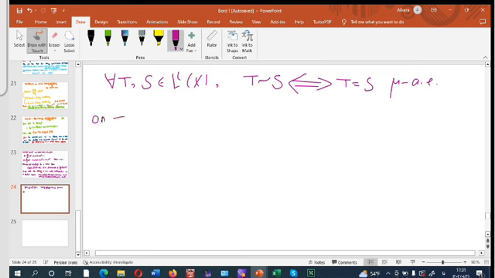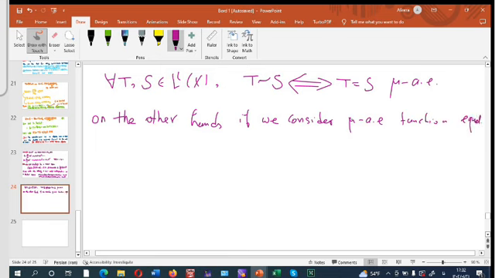On the other hand, if we consider mu almost everywhere equal functions equal, then we have the following norm on L1 of X.